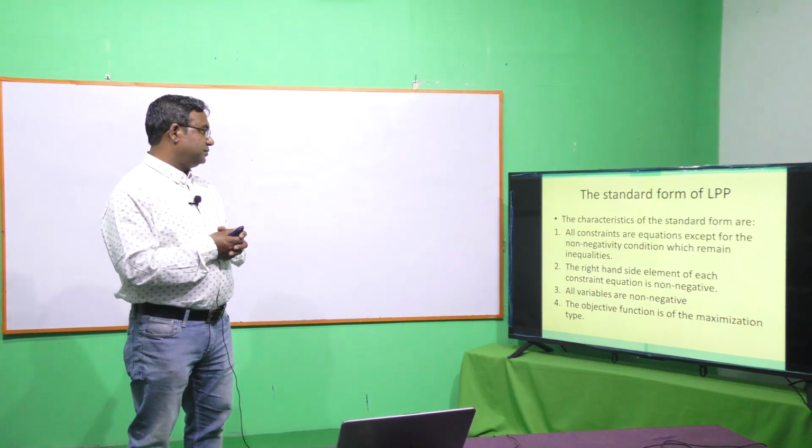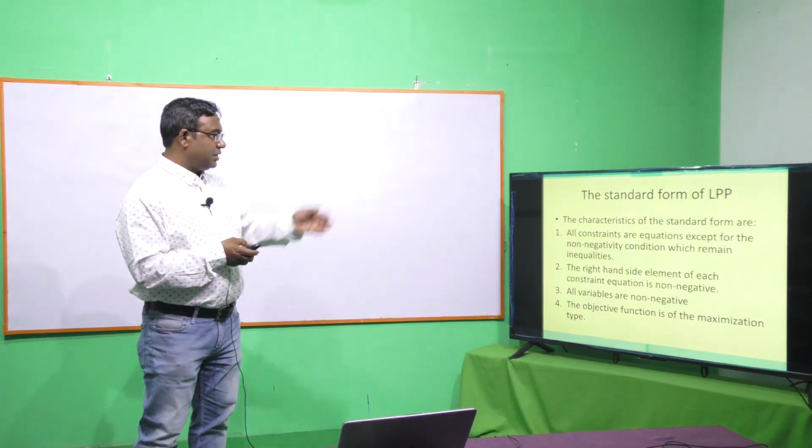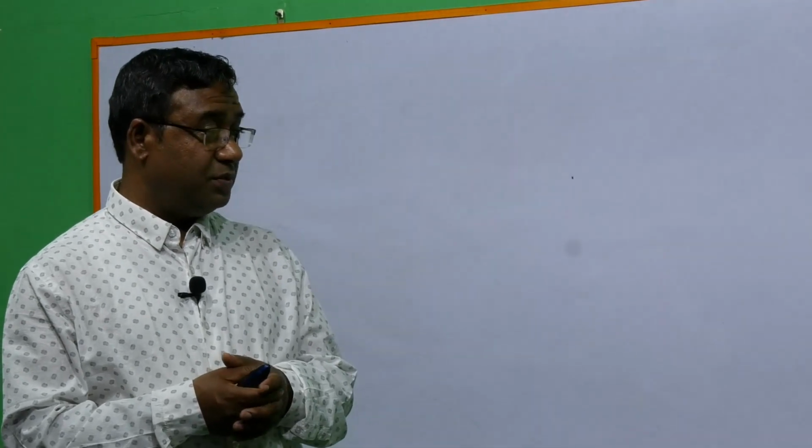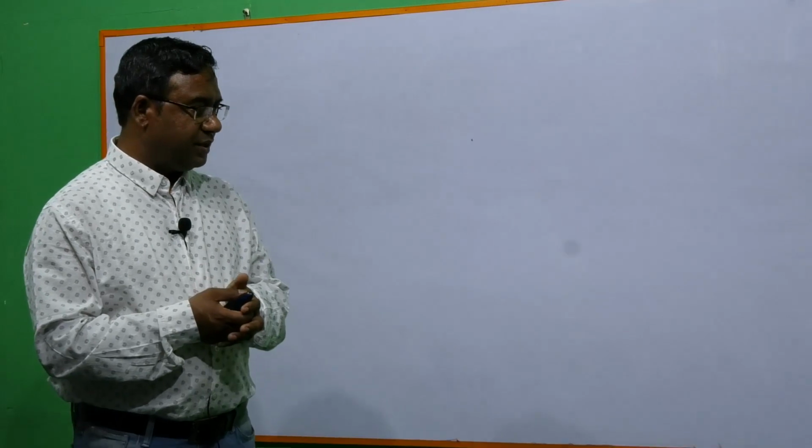So we have to convert the constraints into equations by using slack variables or surplus variables wherever we need them. Then the right hand side of the constraint equation should be non-negative. All variables should be non-negative.